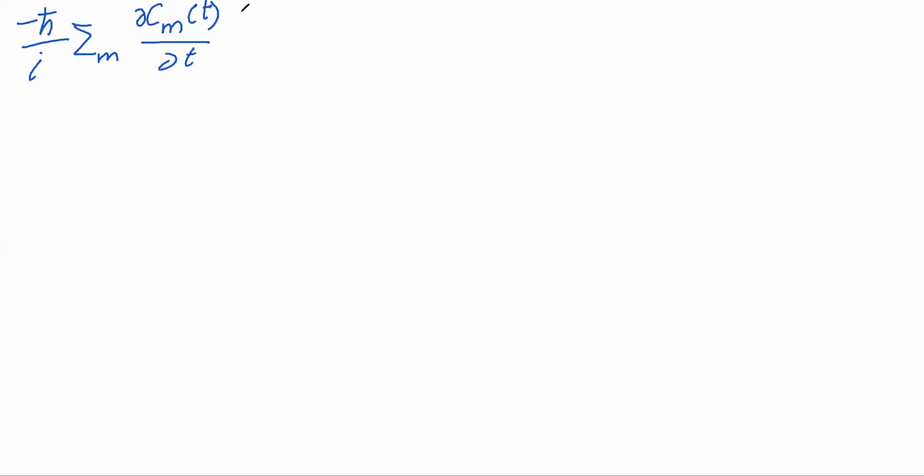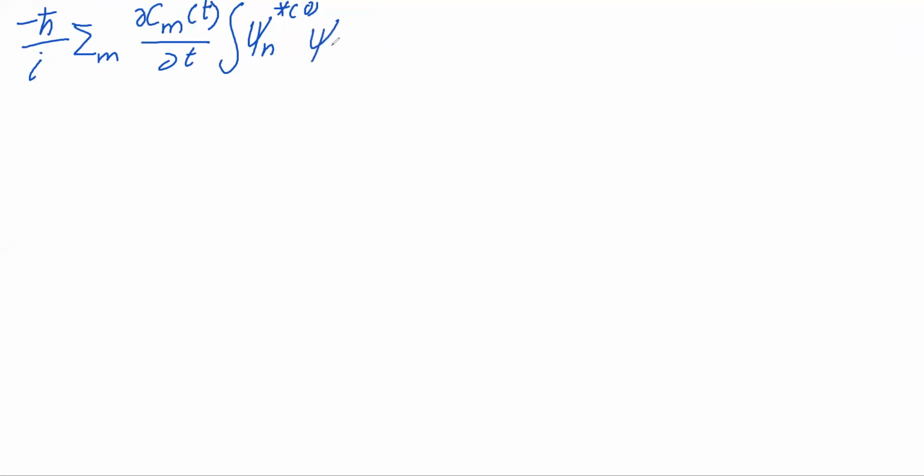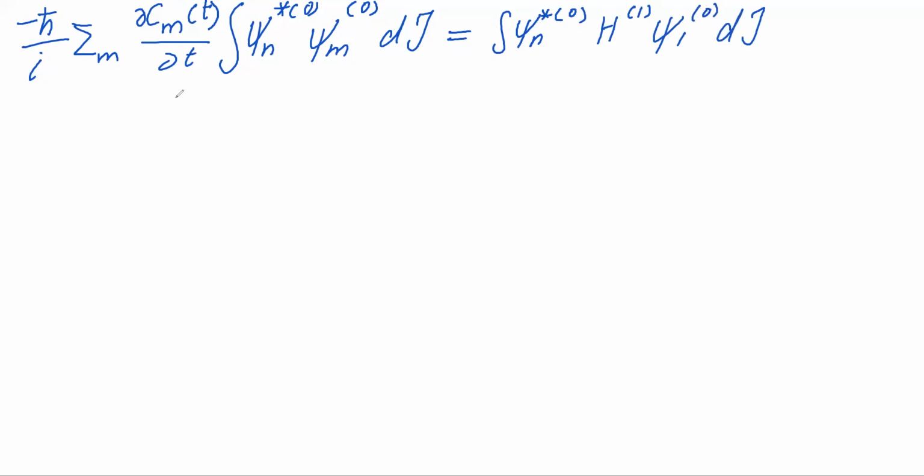And integral psi n star 0 into psi m 0 d tau is equal to integral psi n star 0 h with the superscript 1 and psi 1 with the superscript 0 and d tau. So let us put m is equal to n.